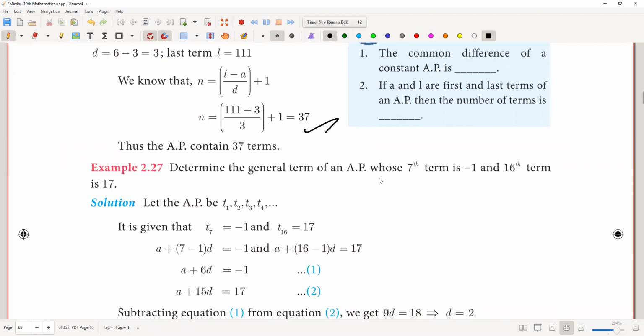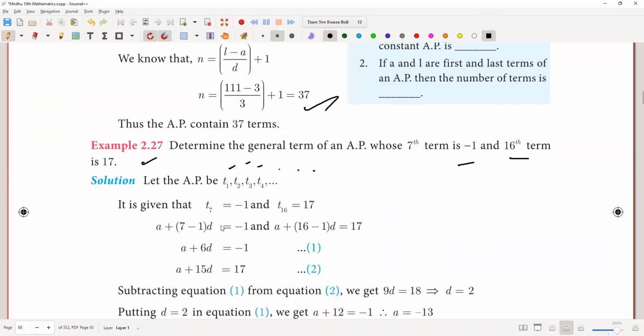Determine the general term of the AP whose 7th term is minus 1 and 16th term is 17. The general term is T1, T2, T3 and goes on.